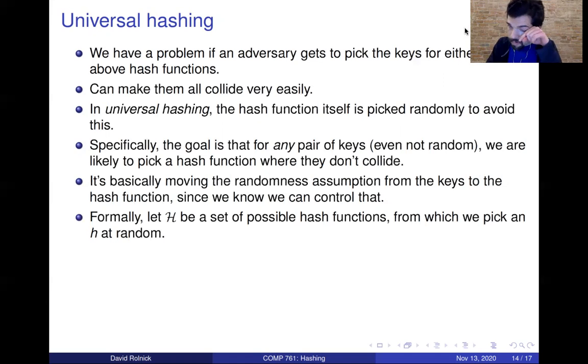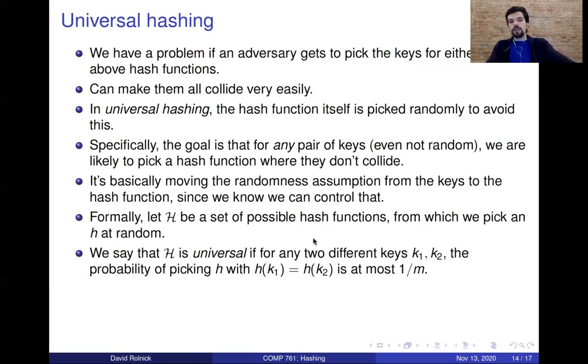Formally, let H be a set of possible hash functions. We're going to pick some function uniformly at random from this set. The definition of a universal set of hash functions is that for any different keys k1 and k2, the probability of picking a hash function where these two collide is at most 1 over m.